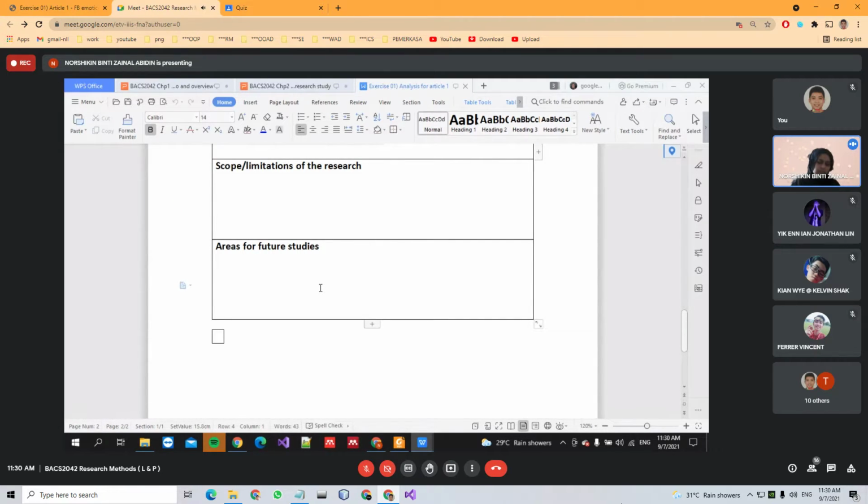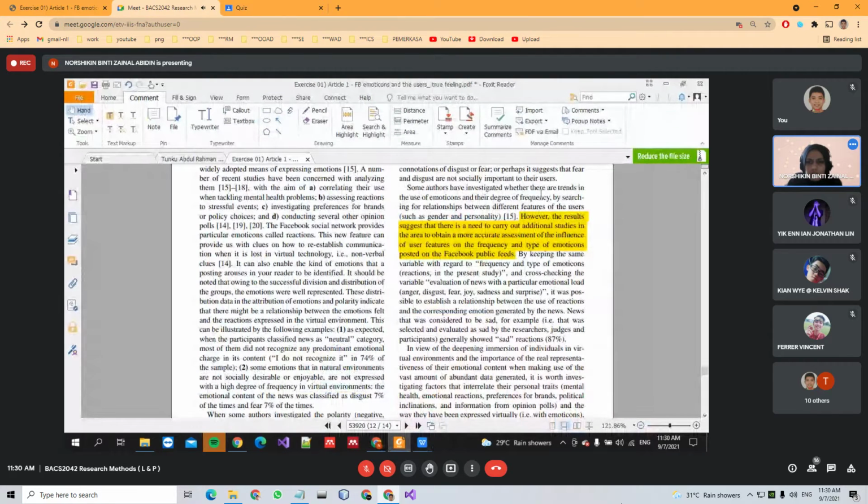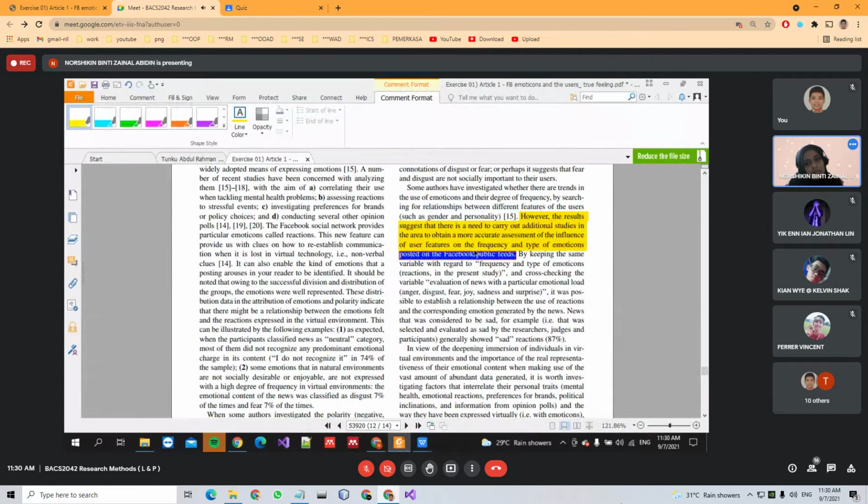Area of study can be like, for example, area of study still in Facebook. Is a relationship area of study still between this. You know, right?